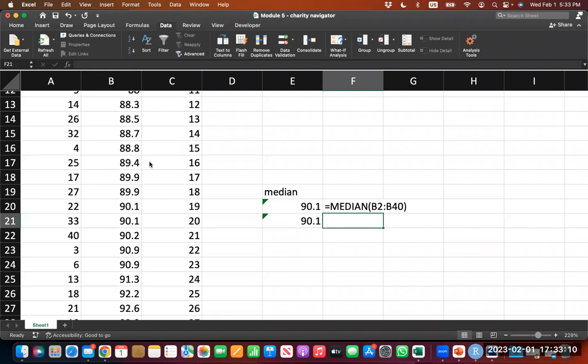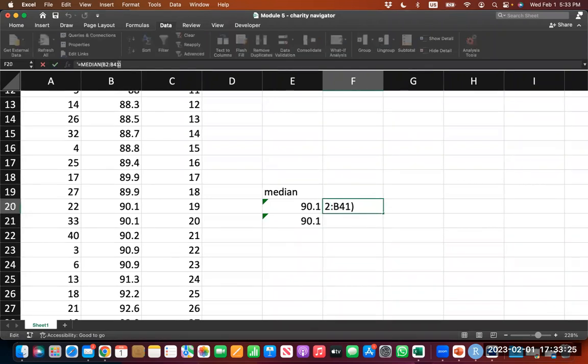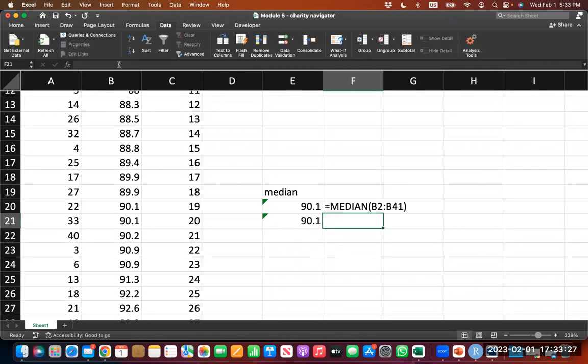I'm not so sure I'm right. Did you do this B2 to B40? B2 to B41. Oh, it's 41. It's still the same.